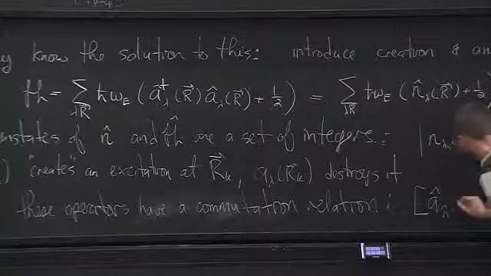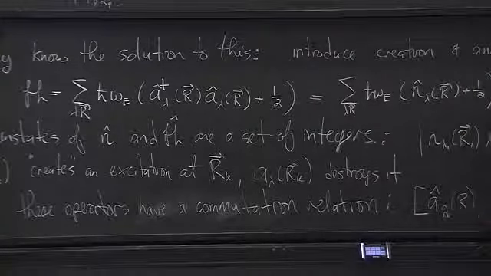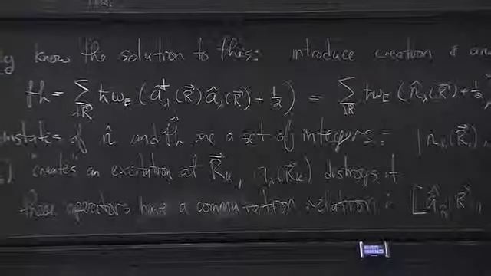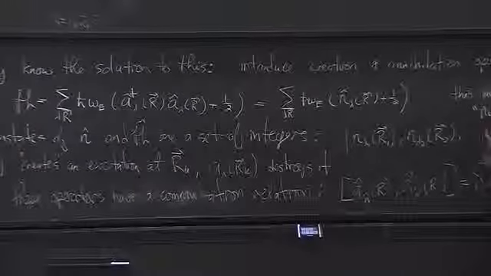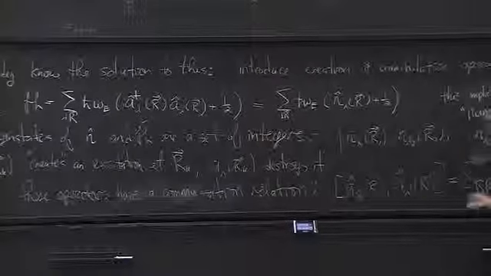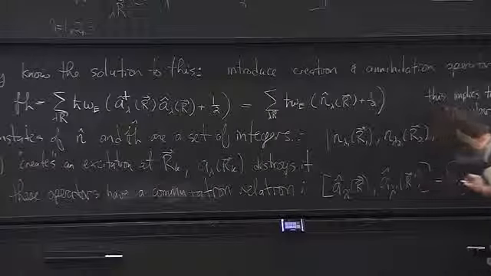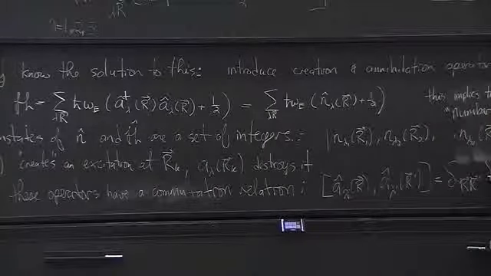So A at R and A dagger at R prime, right, it's just delta R, these are vectors, say, R prime, delta lambda, lambda prime.